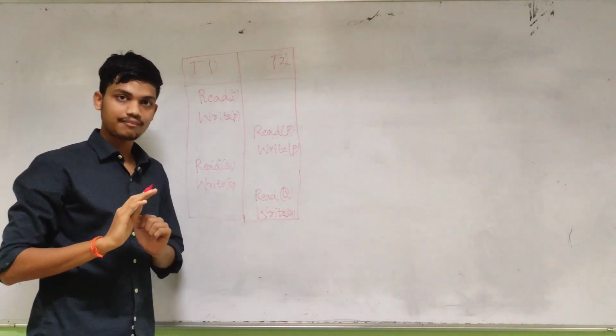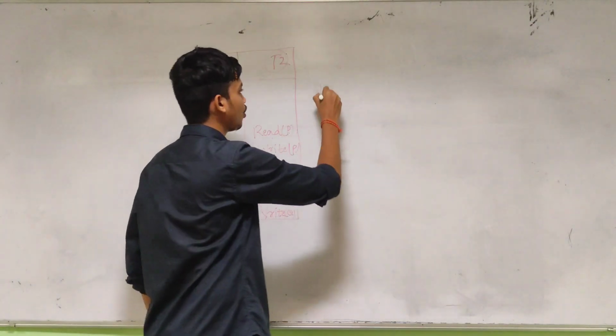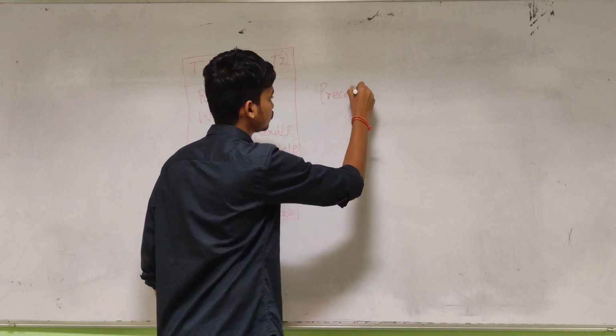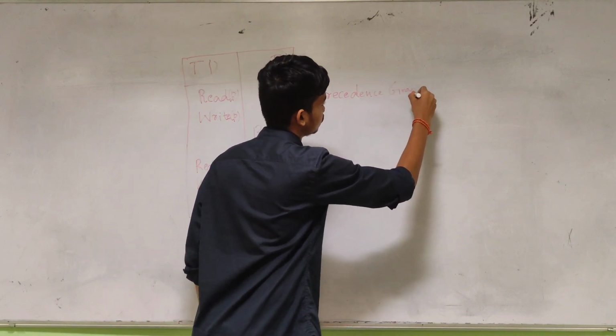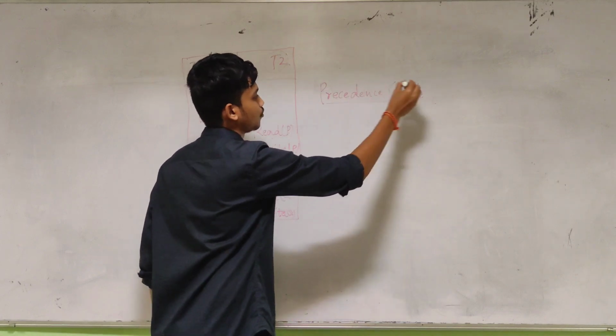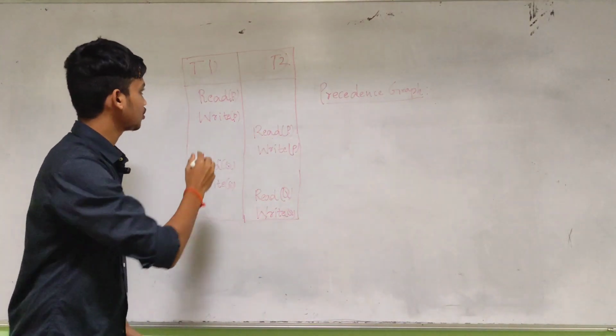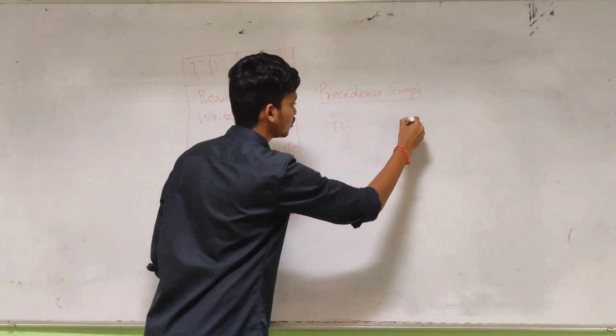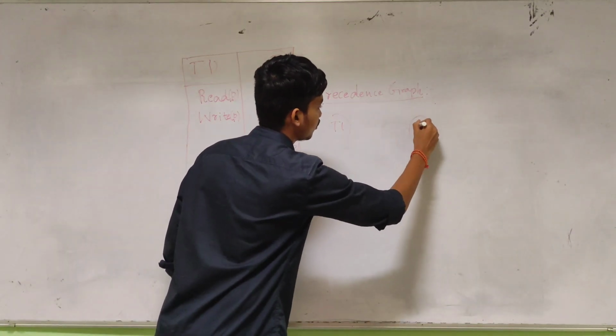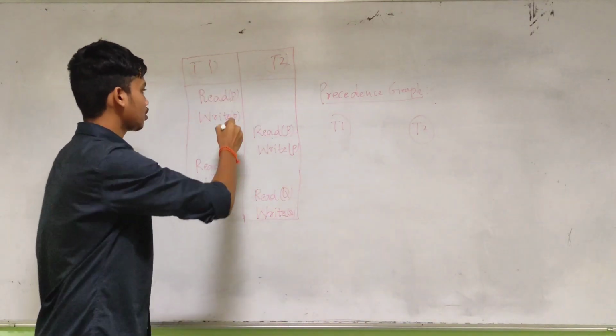For understanding conflict serializability, we need to know what a precedence graph is. First, there are two transactions, so write two nodes, T1 and T2.